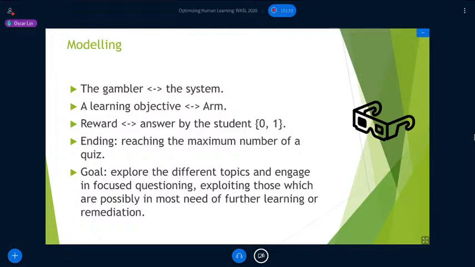And the reward is replaced by the answer by the student, 0 or 1. The goal is to explore the different topics and engage in focused questioning, exploiting those which are possibly in most need of further learning or remediation.